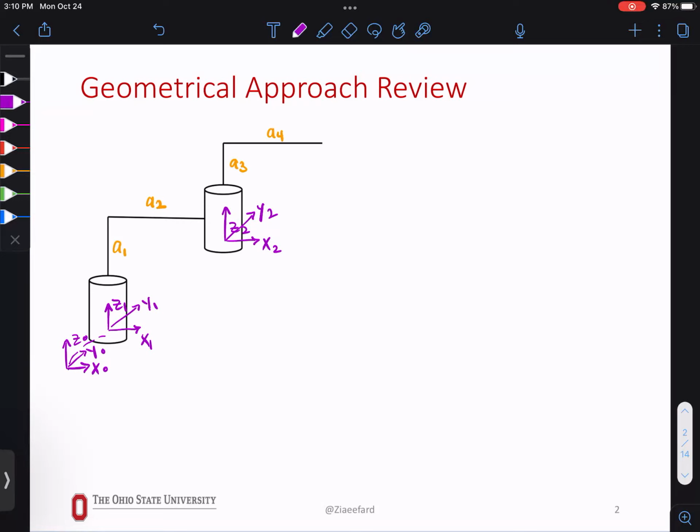And this is my end effector, so I'm going to follow my last frame. So I'm going to call it X3, Z3, Y3, and I'm going to mention this is the end effector frame. So I know the position of the end effector frame. So find the inverse kinematic expression.